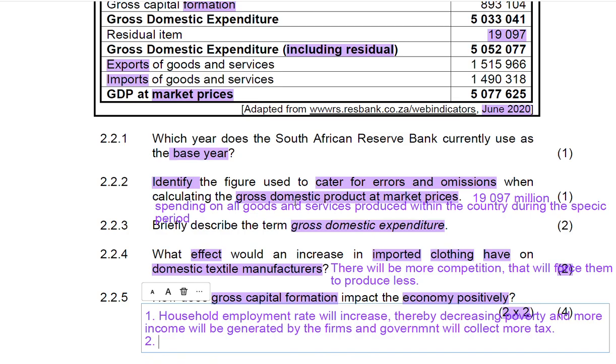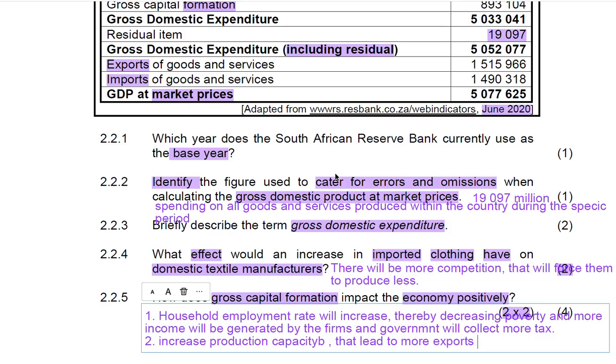All right. So what I will also say, there will be an increase in production capacity. If there's an increase in production capacity, then we'll have more export capacity. That will lead to more export, right?